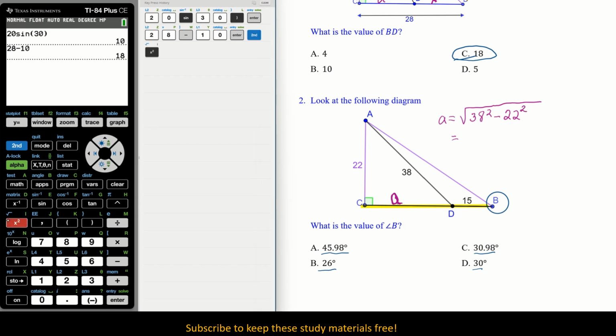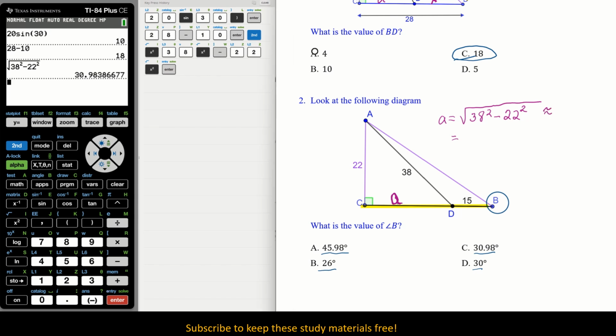If we put the square root of 38 squared minus 22 to the second power in the calculator and push enter, we're going to get that decimal, and it's roughly 31. We can use that, but I'm not sure how close we could get. We can try it. In fact, let's do it now.